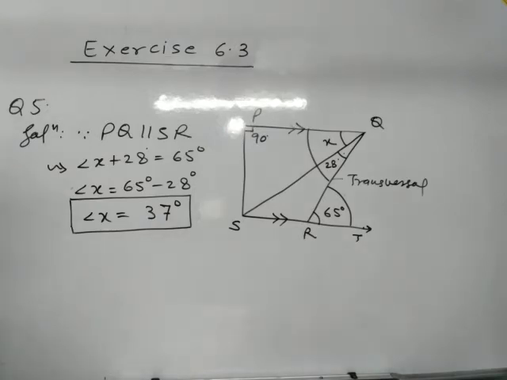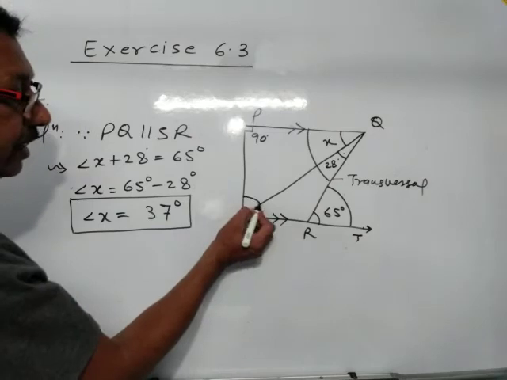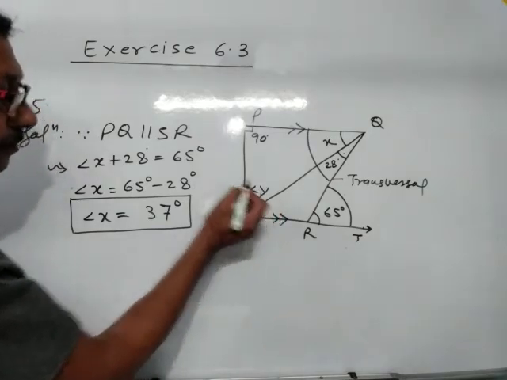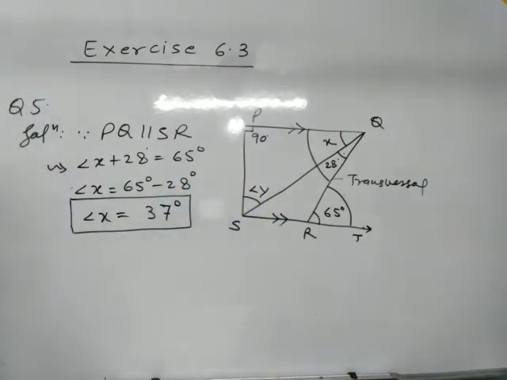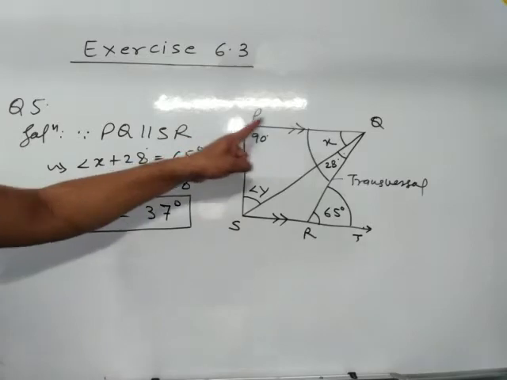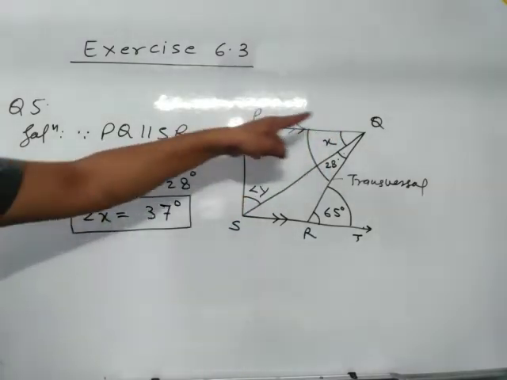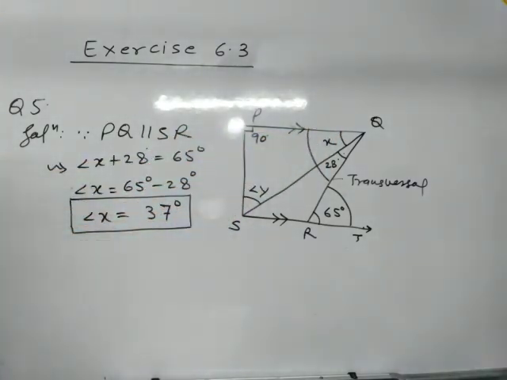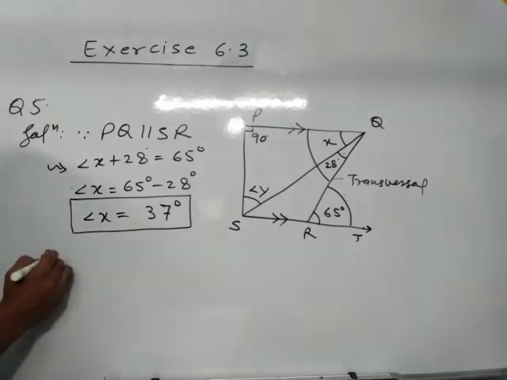The second thing we have to find is the value of Y, and angle Y is here. For calculating angle Y, think of triangle SPQ. It is a right angle triangle, because one of the angles is 90 degrees.